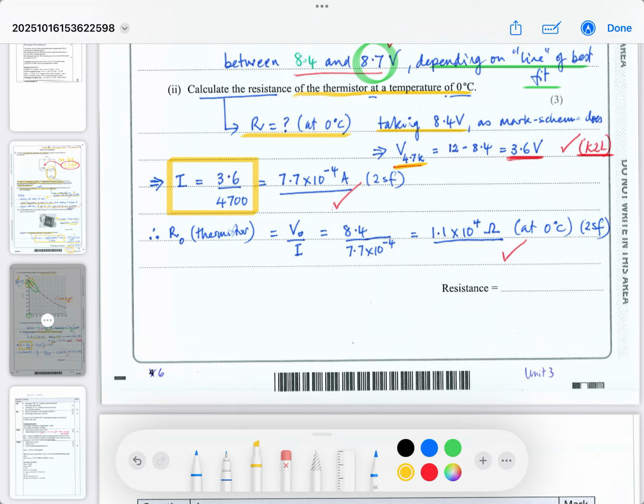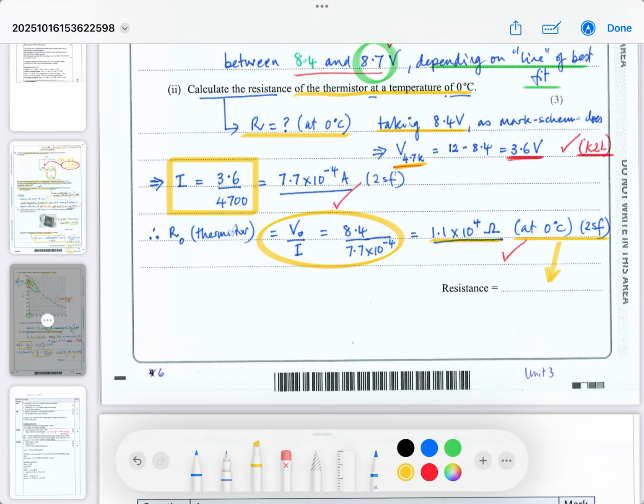We know the current through both resistors because they're in series. You can then work out the resistance by dividing the voltage at 0 degrees centigrade, which we decided to use as the 8.4 volt value, or whichever value you use, they'll give you credit for your working out, and it'll come to 1.1 times 10 to the 4 ohms, if you use the 8.4 volt value, and that's to two significant figures at 0 degrees centigrade.